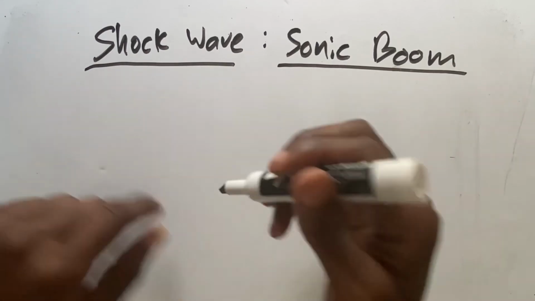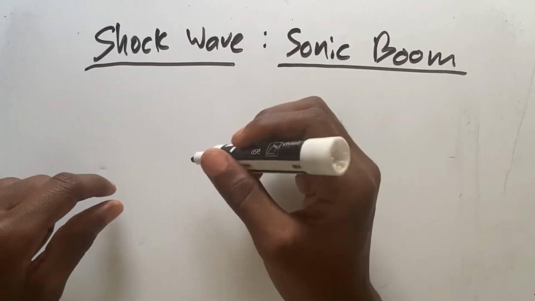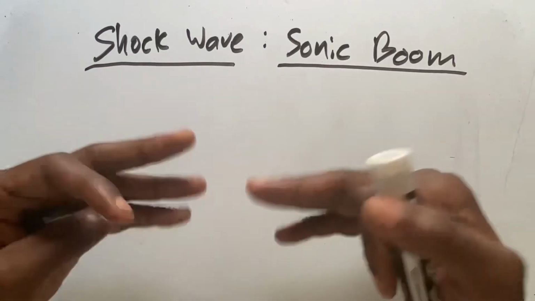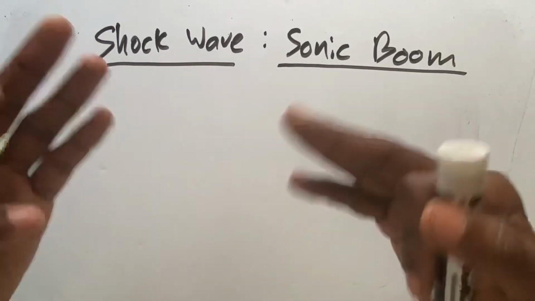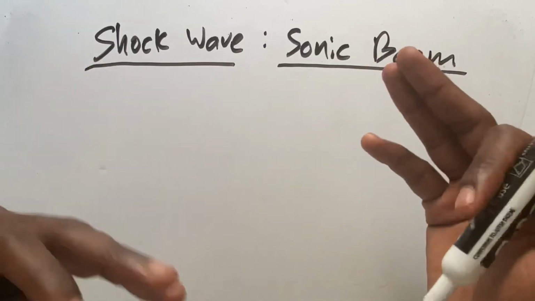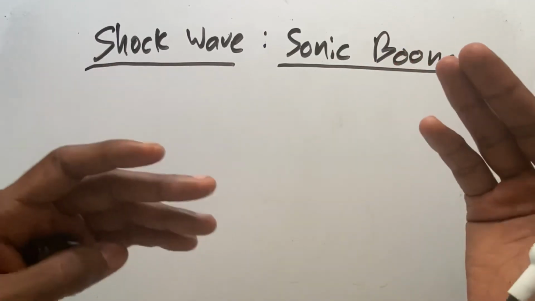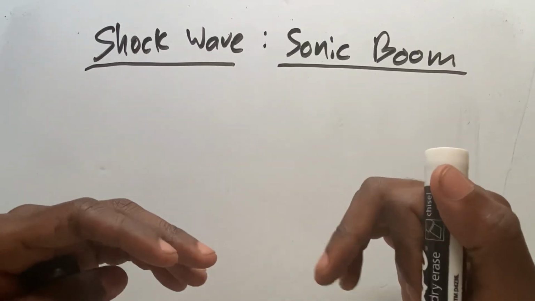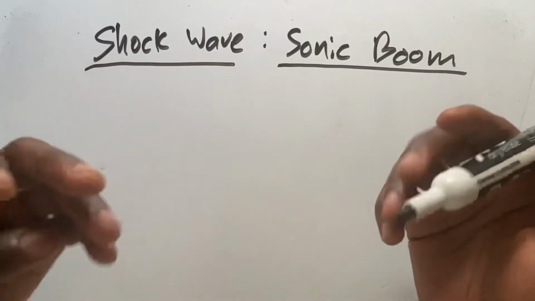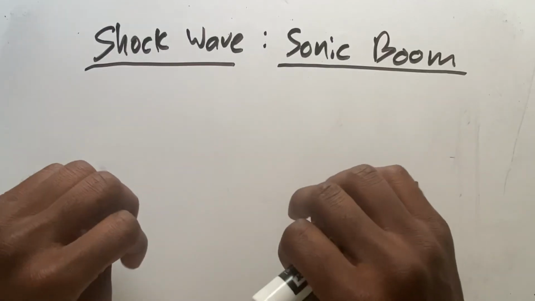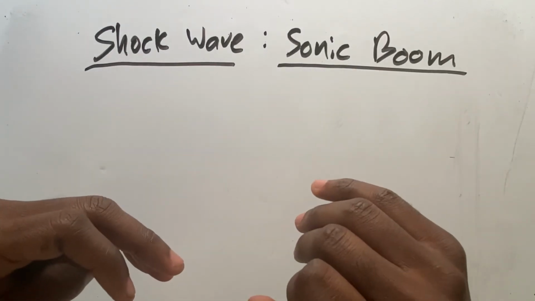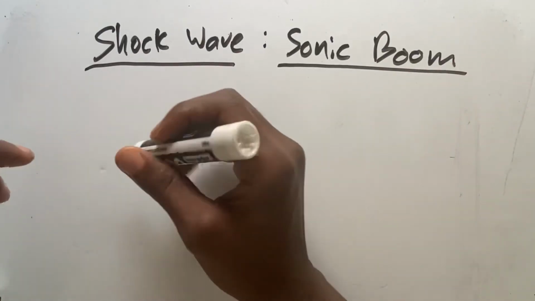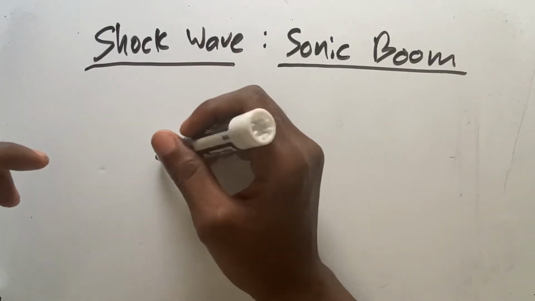A shock wave happens when there's an airplane that goes so fast that it moves faster than the speed of sound. Once it starts to move faster than the speed of sound, it breaks the sound barrier. I'm going to show you what they mean by that. It causes a shock wave or a sonic boom. So let me draw a few scenarios.